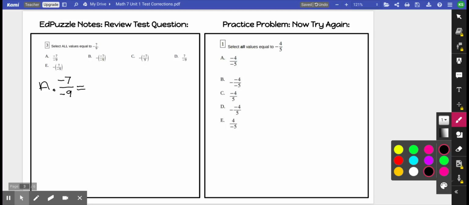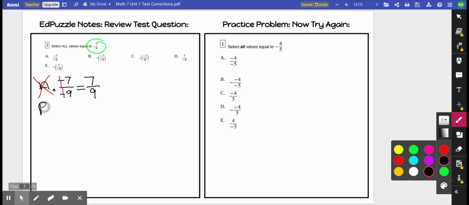The negatives cancel out, so -7/-9 is actually +7/+9 if we simplify it. But we're looking for an answer that is negative. So A is not an answer. Let's look at the next one.